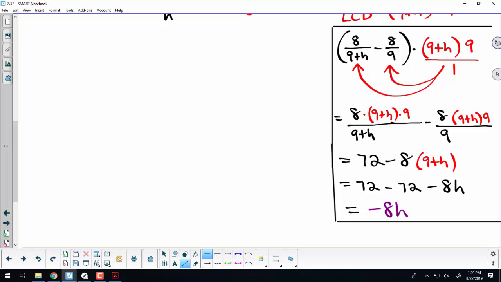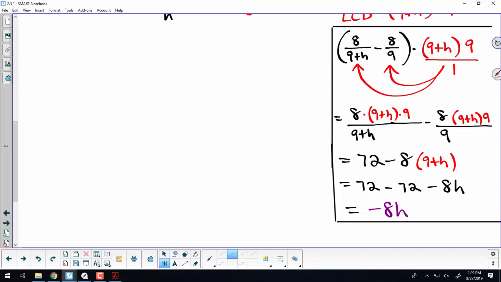Just cross multiply? You just cross multiply? From the start here? Yeah, so if you cross multiply, what would you get? Negative 8h. Okay, so how are you cross multiplying? I'm multiplying 9 plus h by negative 8, and 8 times negative 9, and then adding it all together.